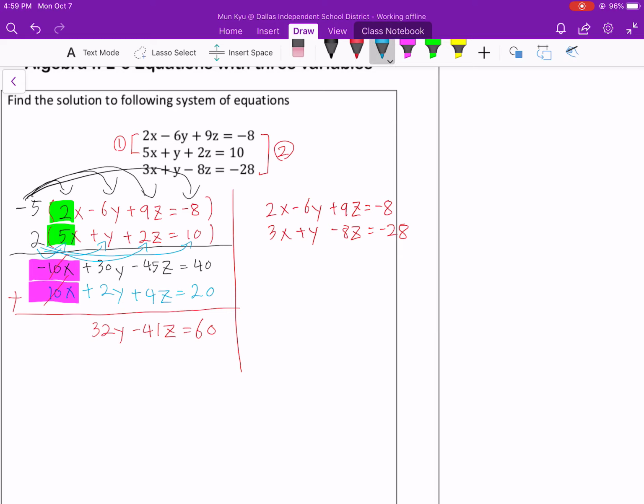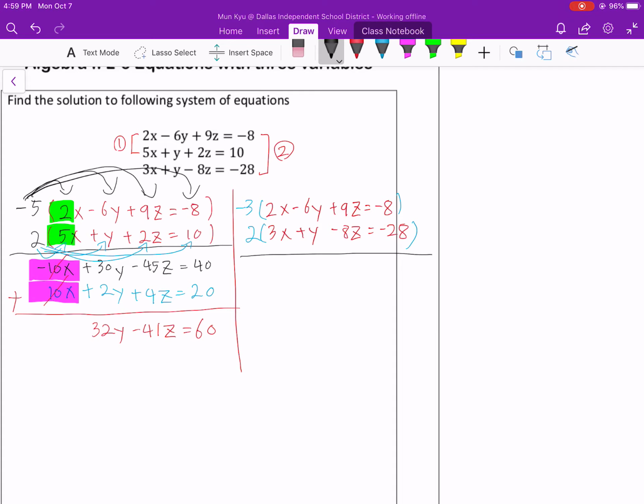And again, we got rid of x in the first one, so here we have to get rid of x as well. Here we have 2 on the top, 3 on the bottom, so we are going to do something opposite. We're going to put 3 on the top, 2 on the bottom. And they should be different signs as well, so I'm going to put a negative on the top. And it's okay for you to put the negative on the bottom as well.